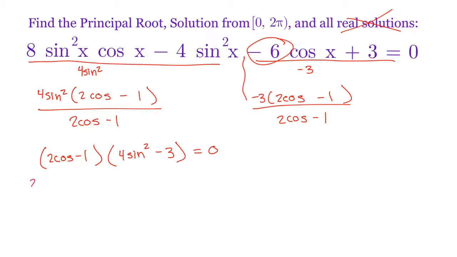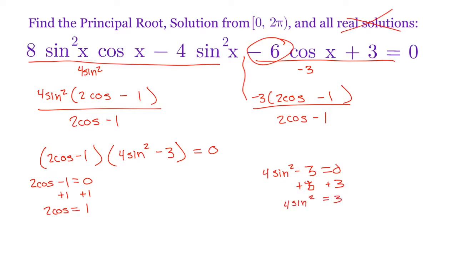Okay, so now that we know this and it's equal to 0, we can use our zero product property. So we set the first factor, 2 cosine minus 1, equal to 0, and then we set the second one equal to 0. And we solve. So add the 1 on that one, add 3 on the second one. So we get 2 cosine is equal to 1, and we get 4 sine squared is equal to 3.